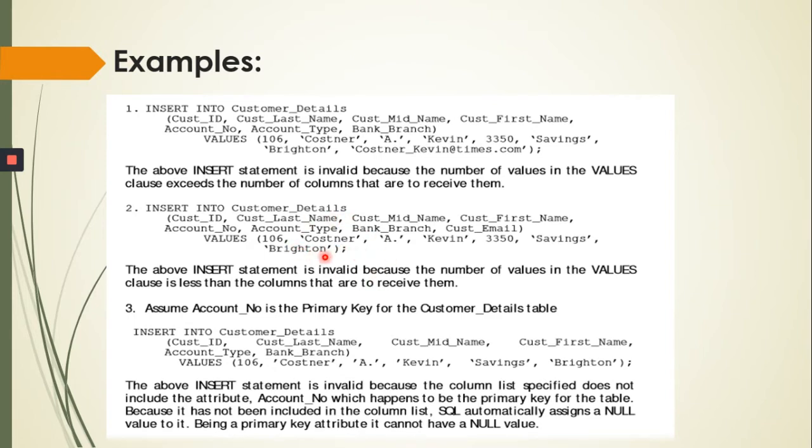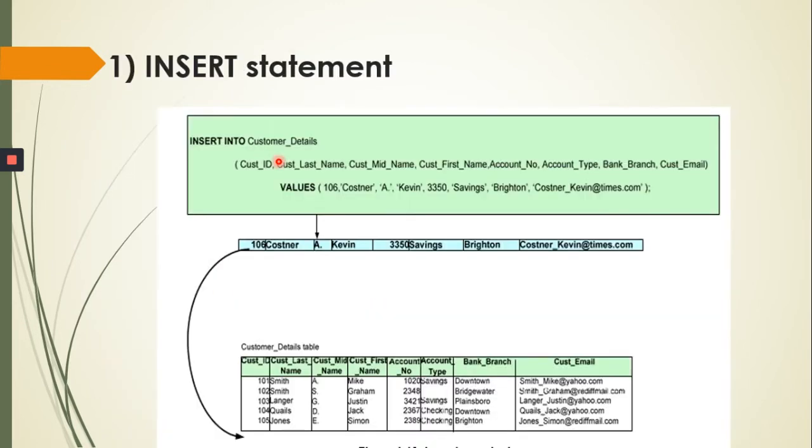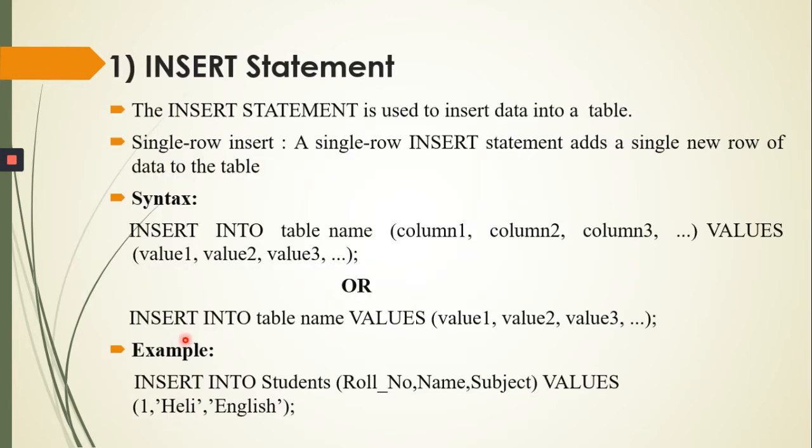So remember this: in an insert statement, the total number of column names is equal to the total number of values we are providing in the values clause. Both must be the same, otherwise it is an invalid statement. So in the previous example, here I have 3 columns, roll number, name and subject. So it must be 3 values, 1, Haley and English.